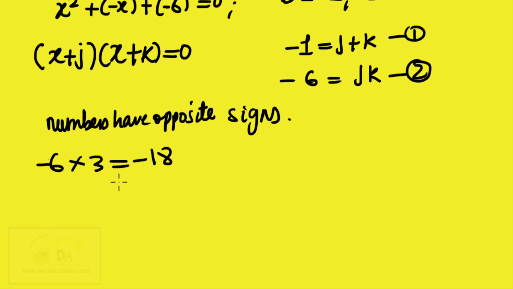In this case, that's minus 18. If you had numbers with the same sign, e.g., 2 and 3, you get a positive number. If you have numbers with the same negative sign, minus 3 times minus 5, you get 15. So only when the numbers have opposite signs do you get their product to be negative. So now we know that our guesses for j and k must be such that j and k have opposite signs. So let's start our guesswork.